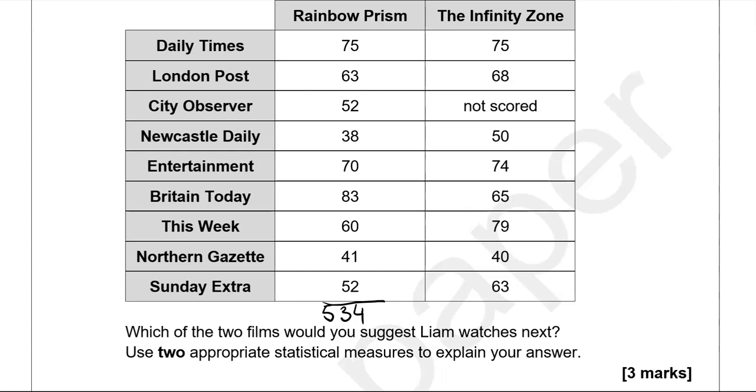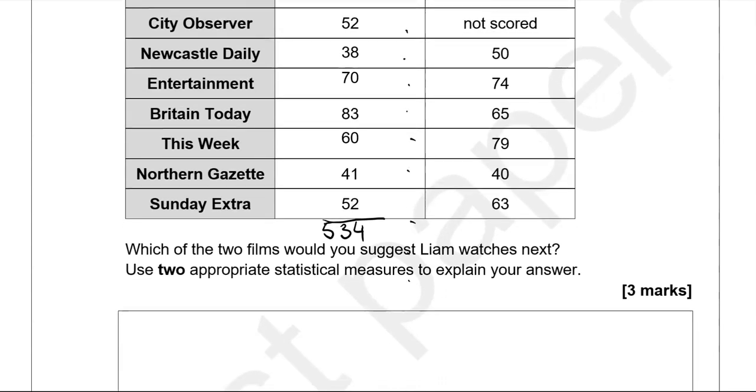And I'm going to divide it by 1, 2, 3, 4, 5, 6, 7, 8, 9. Which gives us 59.33. So 3 is recurring.